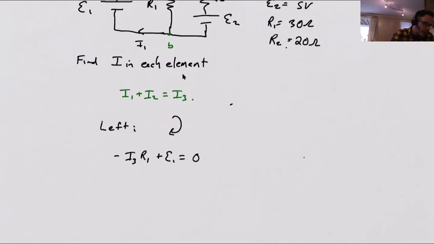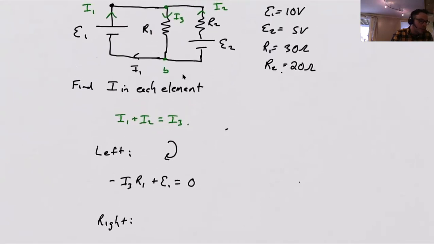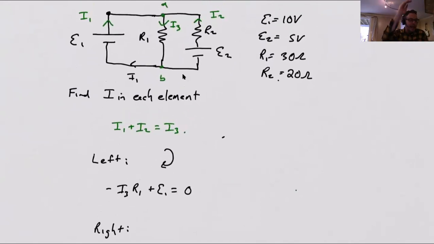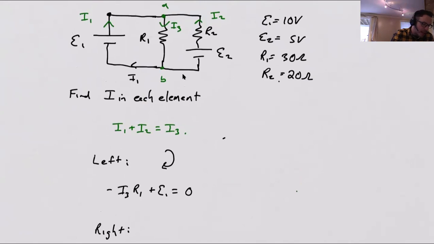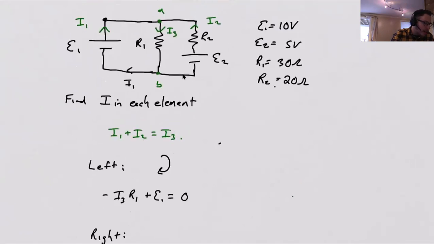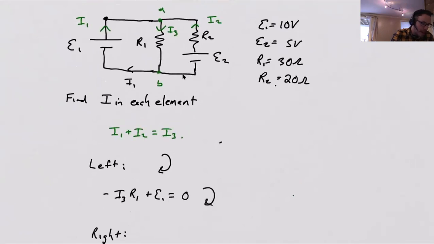But before we start solving anything, let's just finish off the other 2 loops. The loop to the right: let me keep consistent here. If I'm going to go in this direction, I'm starting from A and then going to the top right. Nothing happens.